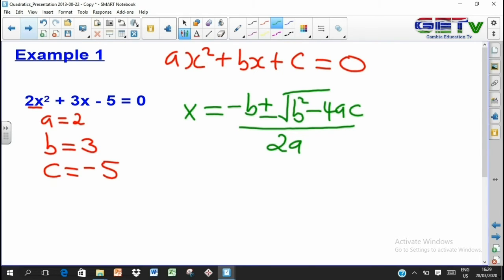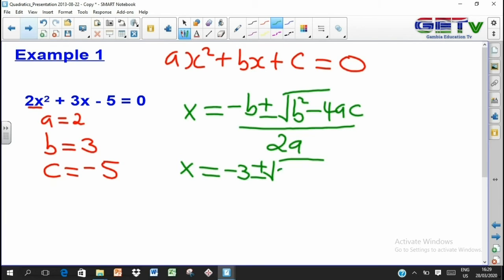And that will give x equals to, if you look at the formula, b is already having a negative sign. And here b is 3, so our b value will be -3. Why is it going to be negative? As indicated in the formula, the b must take a negative sign. Plus or minus the square root of, our b value is still what? 3.